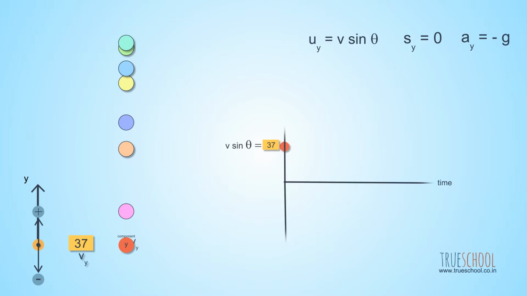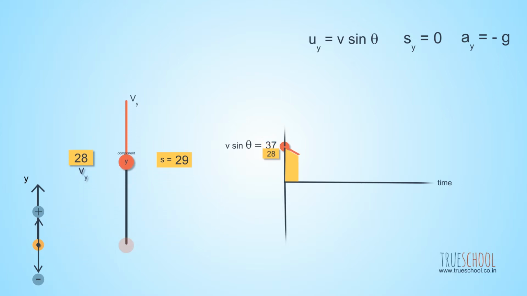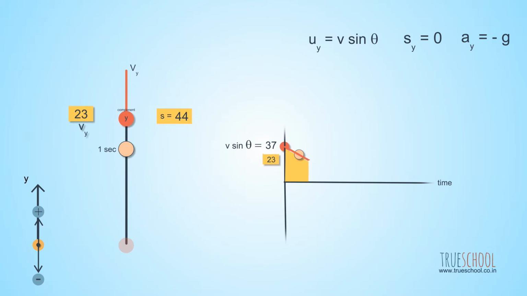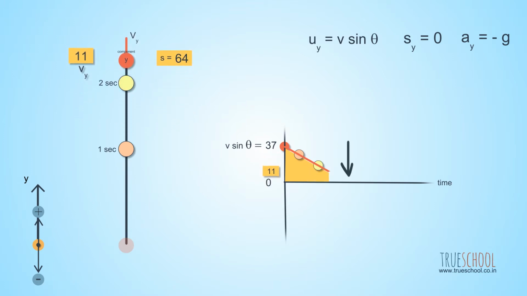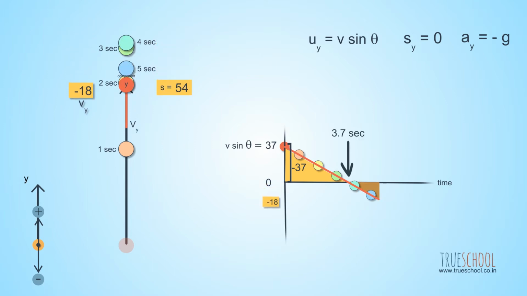We'll put the initial velocity on the graph and draw a straight line with negative slope equal to acceleration, which is minus g. The point when the velocity becomes 0 is the highest point of the flight. The difference in velocity is known, hence we also know the time at this point by dividing the velocity difference by acceleration.